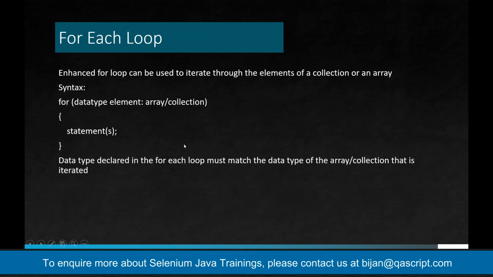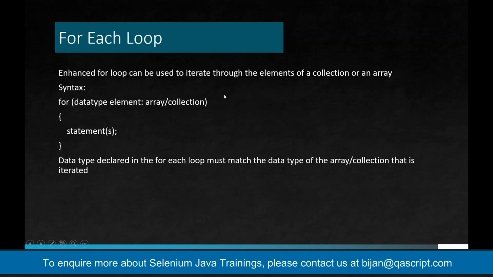There is another loop which is called the for each loop. This is an enhanced version of the for loop in Java, and it is mostly used for collections. What are the different types of collections? We will go over that later on.